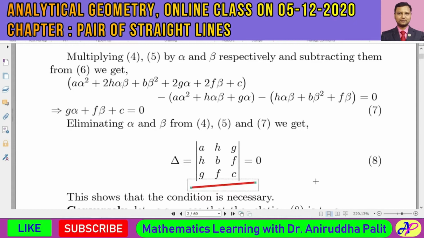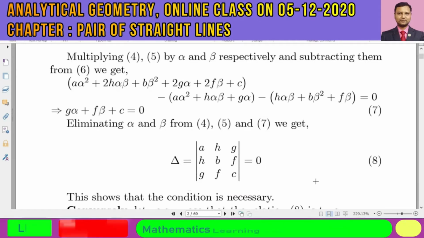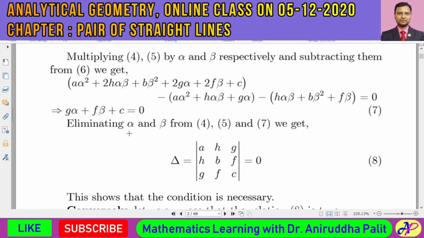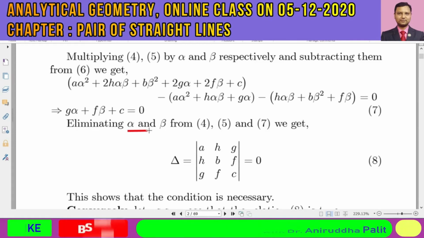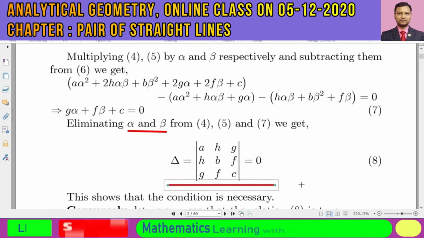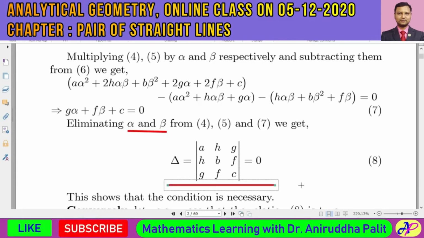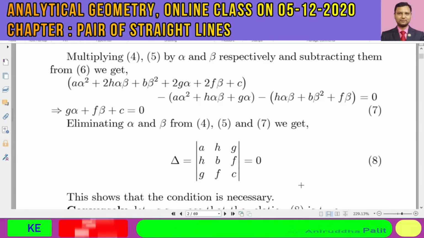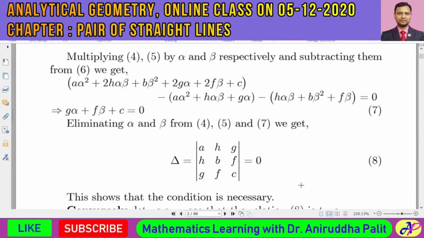This is actually a standard result of determinants and matrices. So I am not going into the detail, and you don't need to show all the detail. You can directly say in the exam that we are just eliminating alpha and beta, and we ultimately get this result, delta is equal to 0. As it is a standard result, you don't need any proper computation for it.